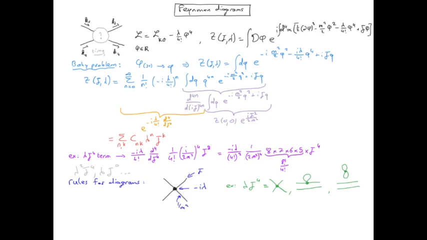So now we can apply the rule in order to know how many 1 over m squared we will have. In each case we have 4 lines: 1, 2, 3, 4, or here 1, 2, 3, 4, 1, 2, 3, 4. So we see that this diagrammatic rule gives us the correct dependence in m, as we got in the earlier example here.